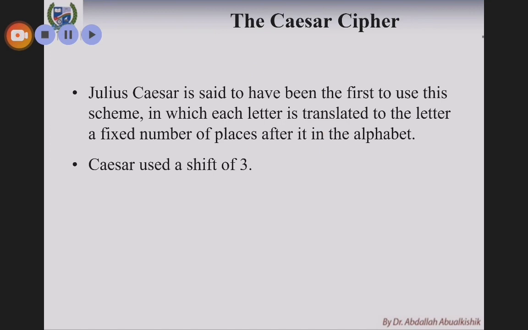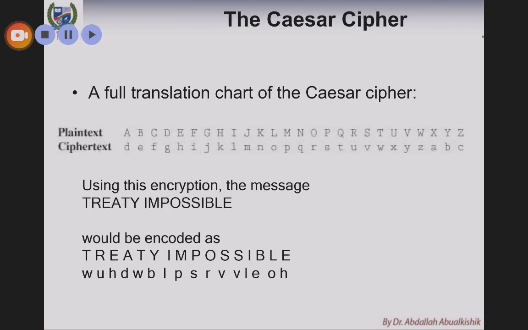As the name of the algorithm suggests, from Julius Caesar, the idea here is to shift each letter by three places. In a clear way, that means the letter A is shifted once, 2, and 3.